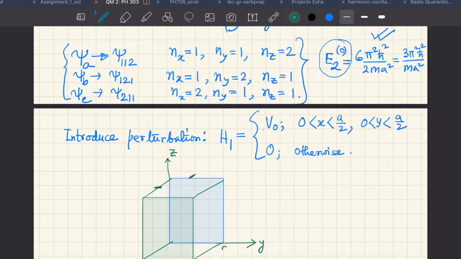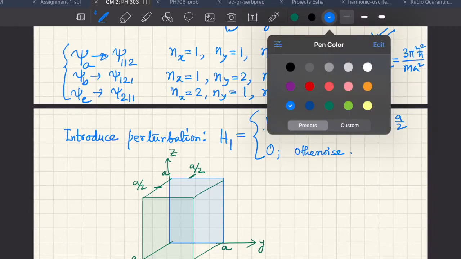So this is a, this is a, this also is a along z direction, and this is a by 2, this is a by 2. So there is a constant thing.